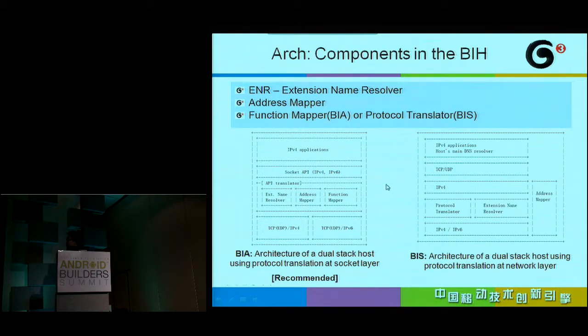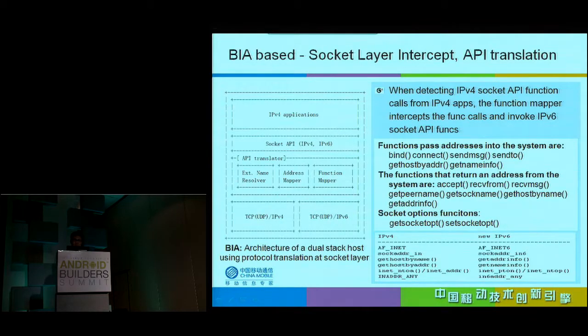The difference is the implementation layer. BIA is the API translator with the three components, and BIS is a protocol translator in between IPv4 and IPv6. BIA intercepts at the socket layer for API translation. In this solution, we suggest the BIA translation because it is more essential after the implementation.